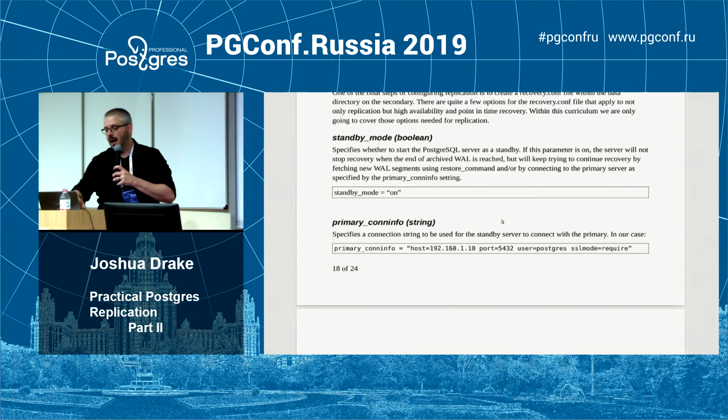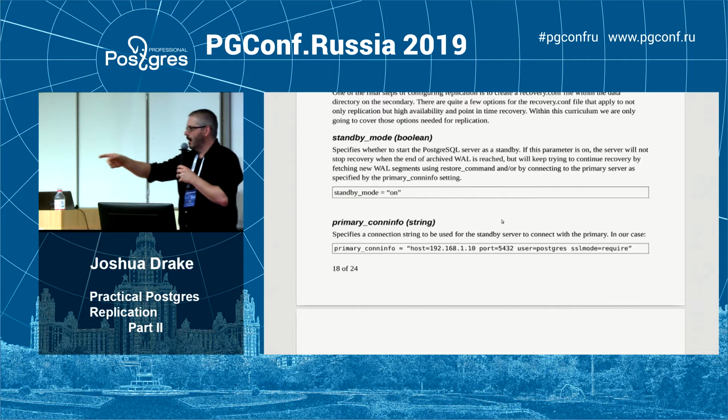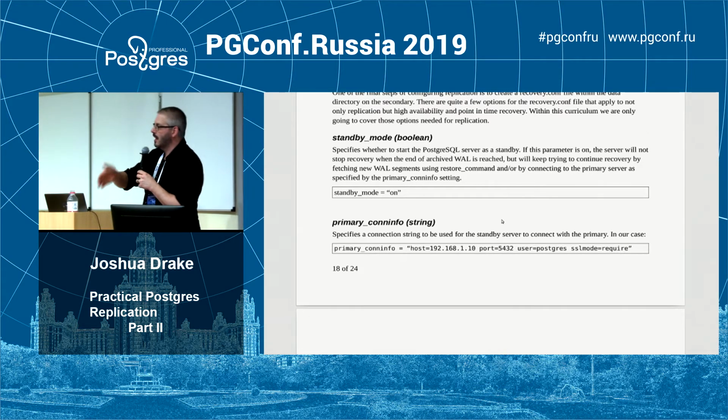Now, what do they mean by restore command and or connecting? I believe one of the gentlemen asked about can archiving and replication slots work together, right? That's what we're talking about here.